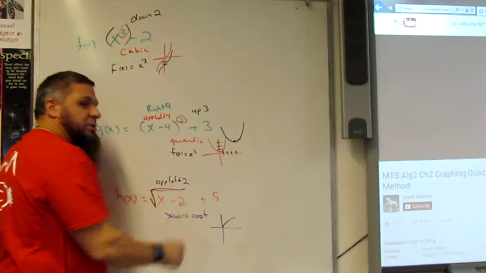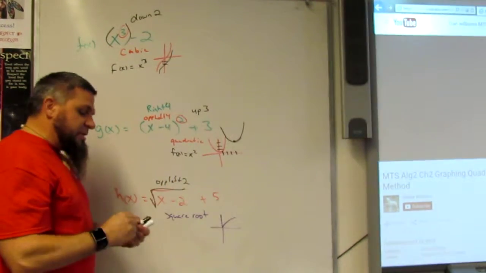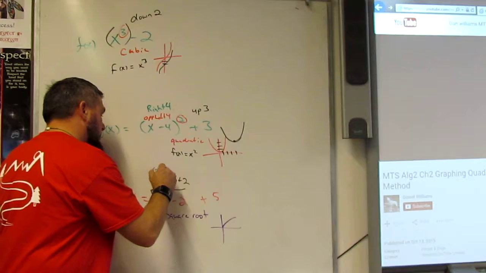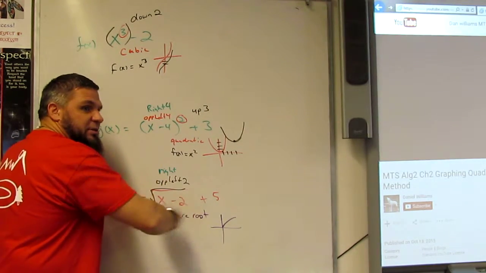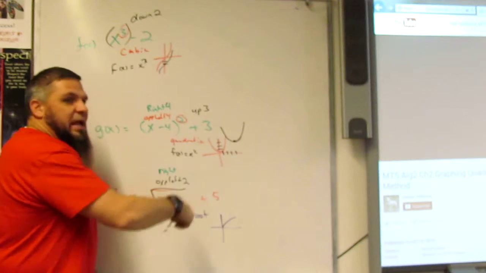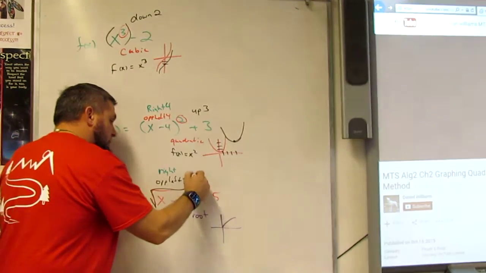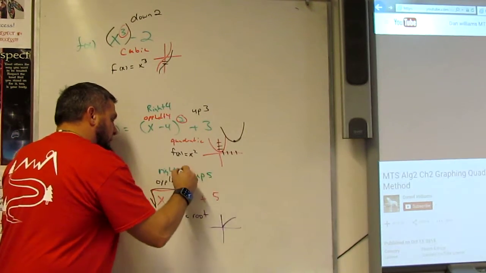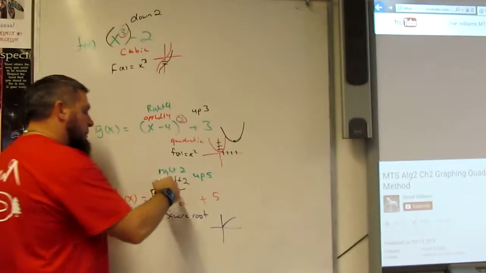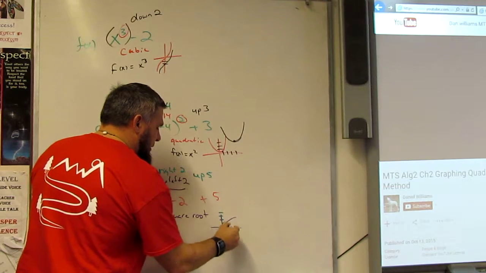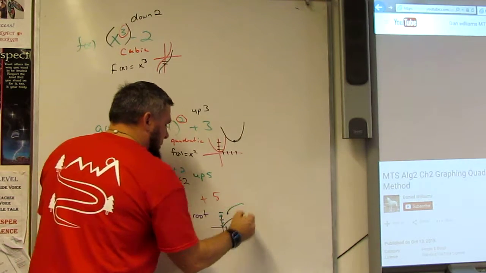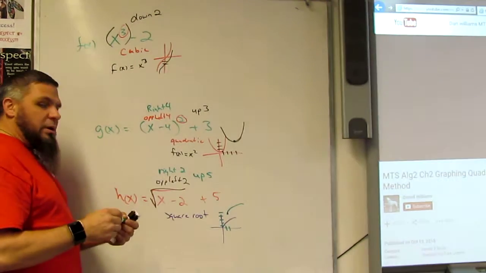Left 2, so what is opposite of left 2? Right 2. Now this is doing the whole function, so that's going to be up or down. In this case, up 5. And so we're going right 2 and up 5. And there it is.